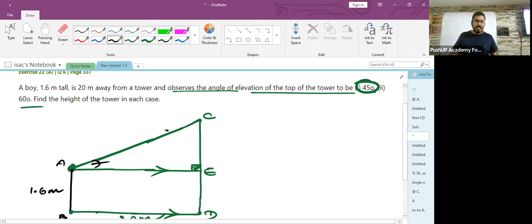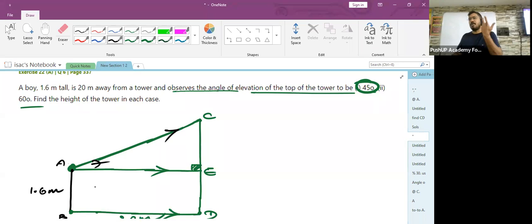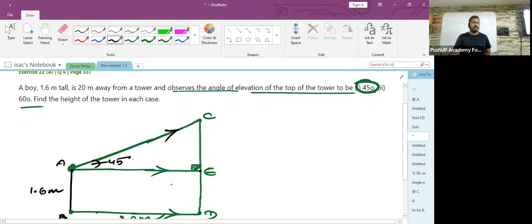Here, AC is the line of sight. But where was the line of horizontal? It was not present in the figure. So I had to take that extra effort to draw it. That is why from point A, I drew a horizontal line AE. And that horizontal is parallel to the ground surface BD. So far, everything is fine. And this angle is how much? 45 degrees.